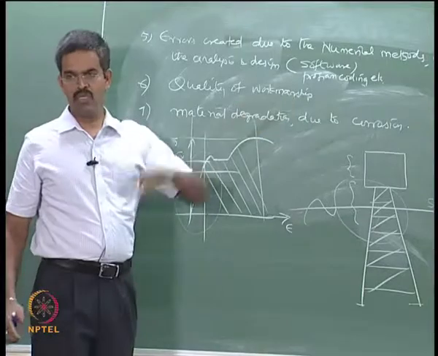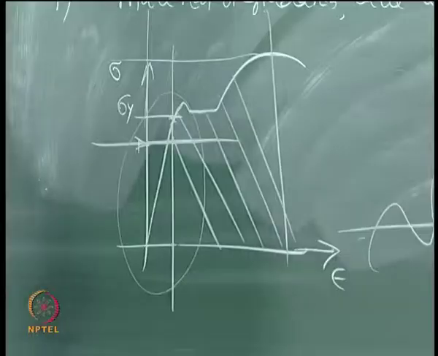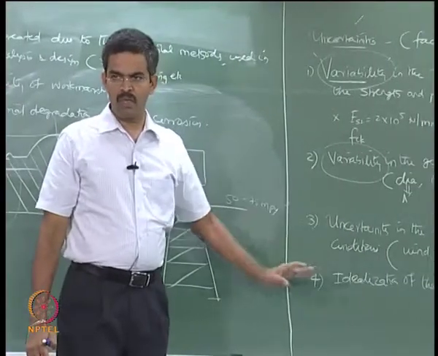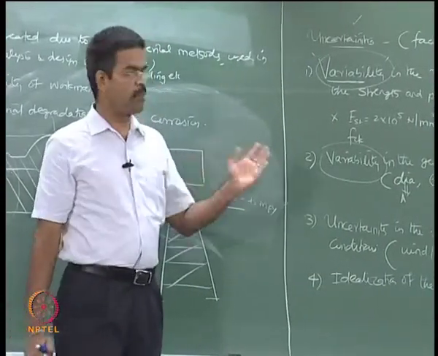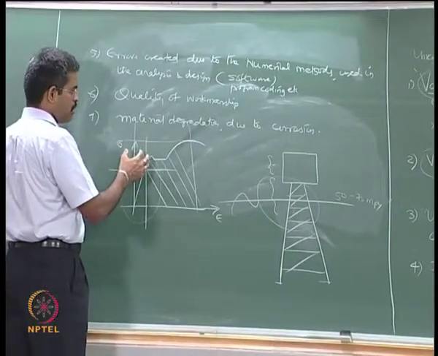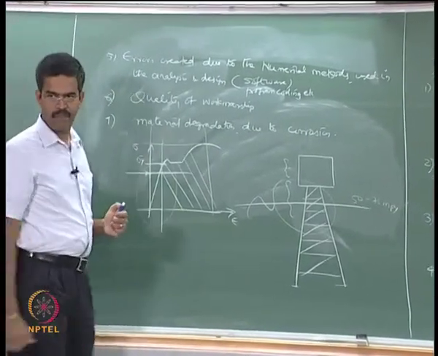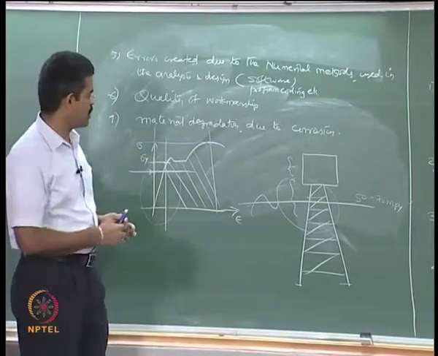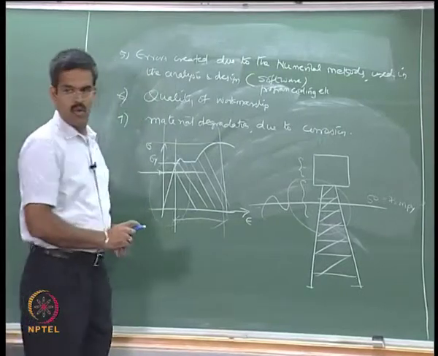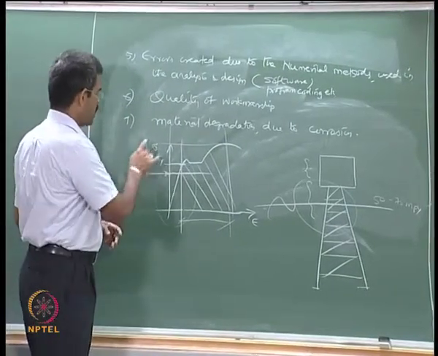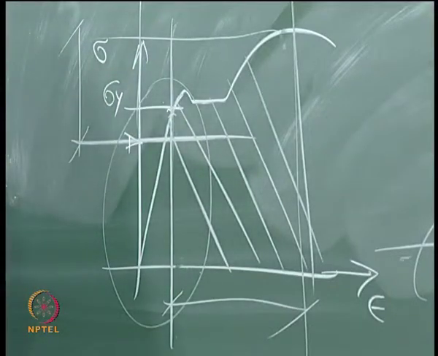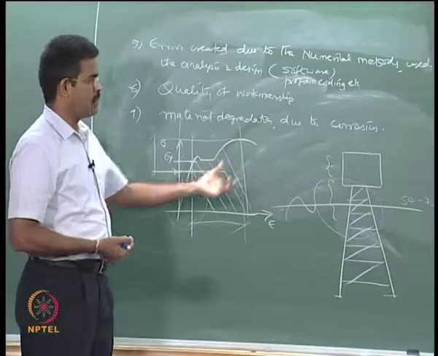Then they introduced the limit state design, the ultimate load design methodology, where these uncertainties play a prominent role, because now I am trying to stretch the material beyond the limit and take it here. So, I am looking at what ductility the material has and what load reserve the material has. I want to exploit the material to the maximum possible manner, so I have to live with all these uncertainties.